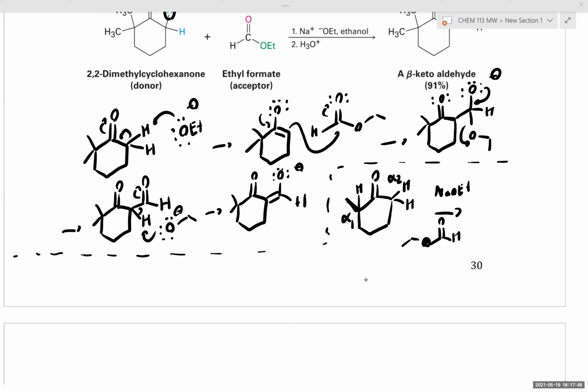And as a hint, I'd like you to remember our rule about when a Claisen condensation product is favored. And remember, we need to have an alpha proton after condensation in order to deprotonate, to drive the equilibrium towards the product.